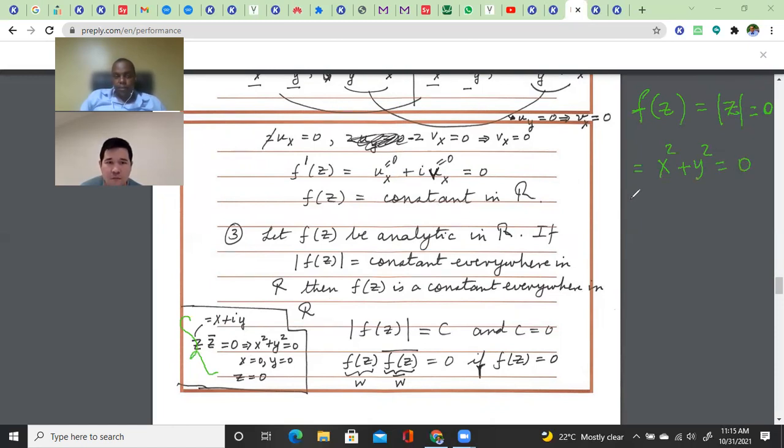So if that modulus is 0, you're going to realize that x squared will also be 0 and y squared will also be 0. And so x will be 0 and y will be 0. And so x plus iy will also be 0, and x plus iy is z. So you see, if that modulus is 0, then the function is also going to be the constant 0.